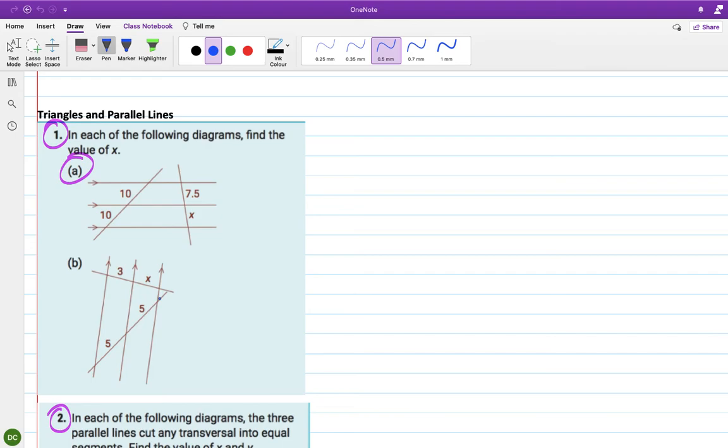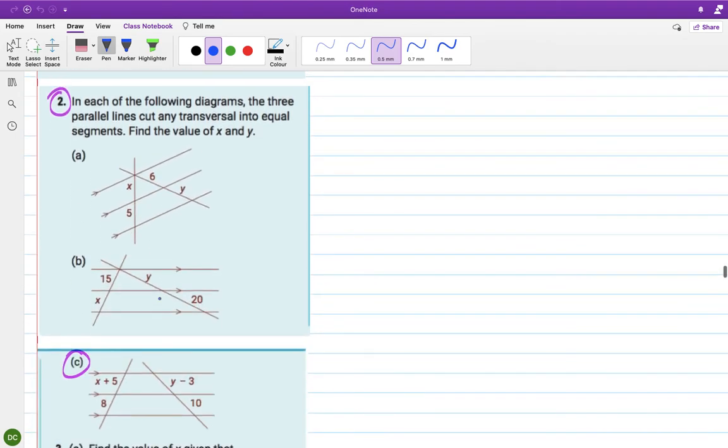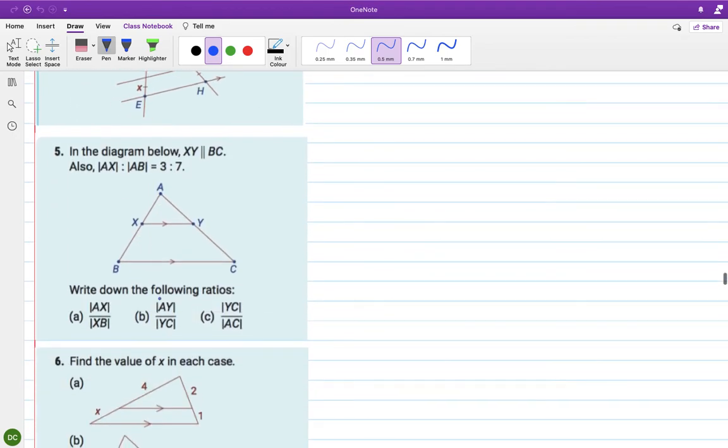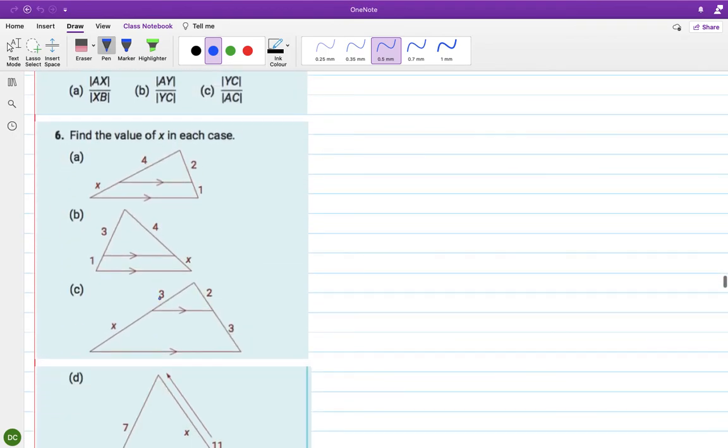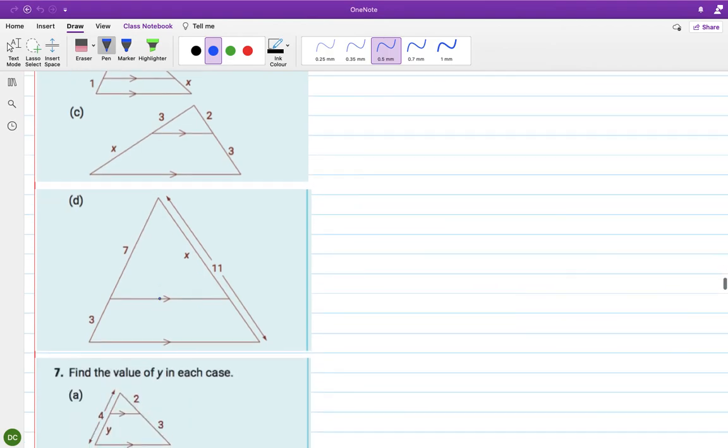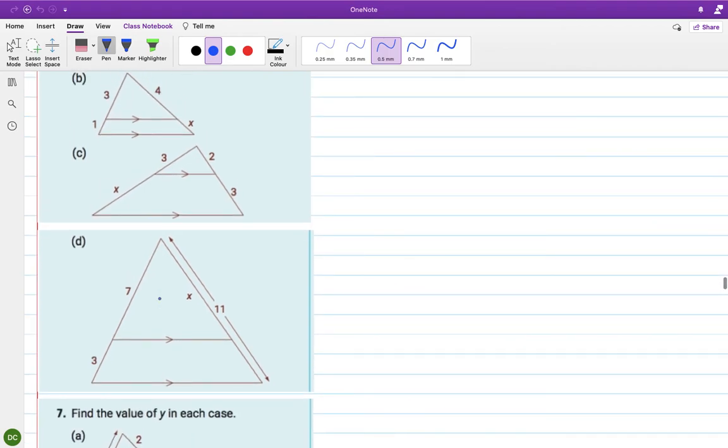Let's do question 2, and we'll do the last part there. Okay, so question 1A, question 2C, and then we'll do those two there.